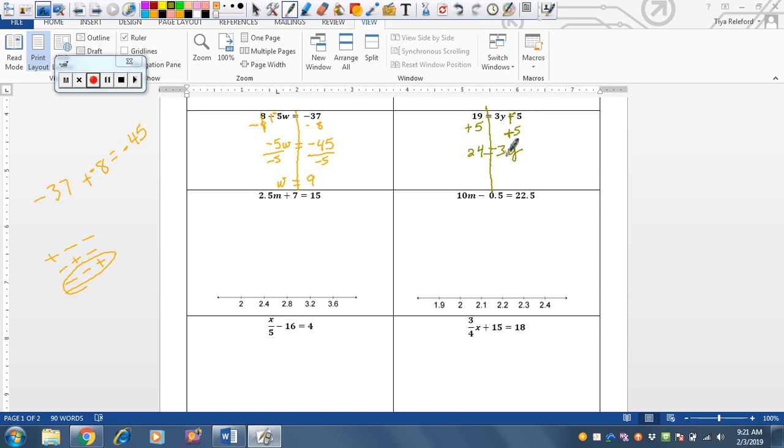And then step 2 is to multiply or divide. This is 3 times y, so I'm going to divide by 3. Almost wanted to write 6, but 24 divided by 3 is 8.